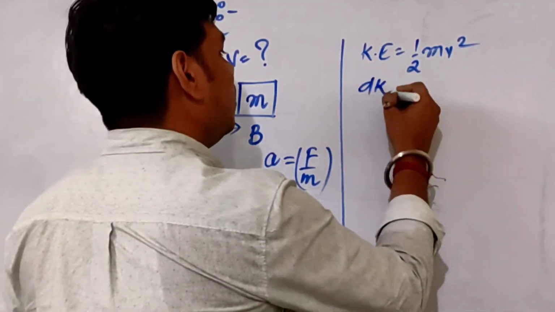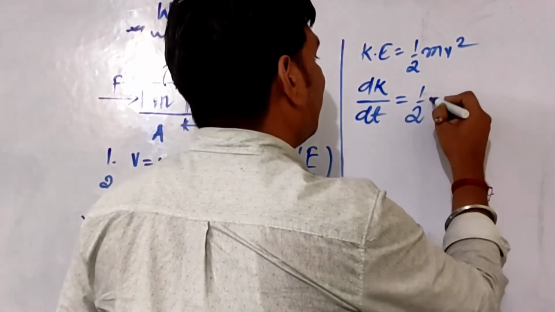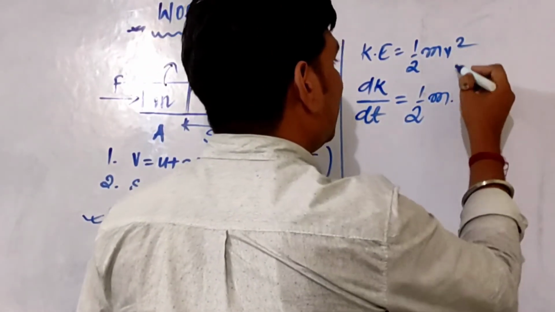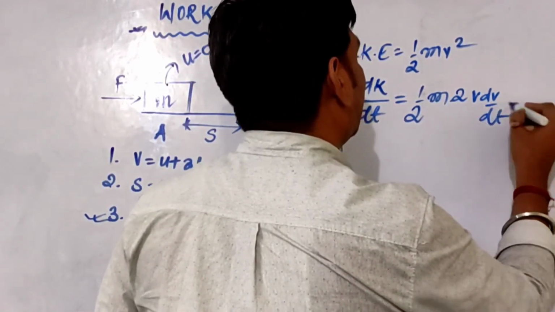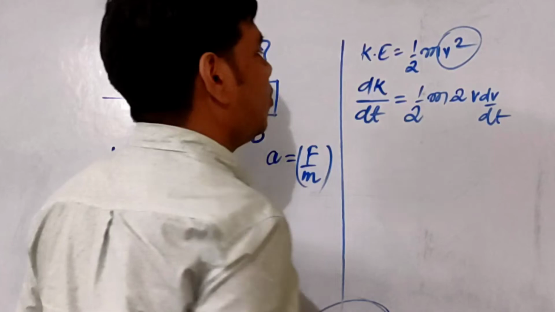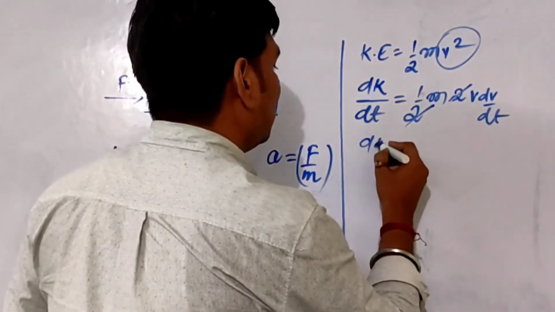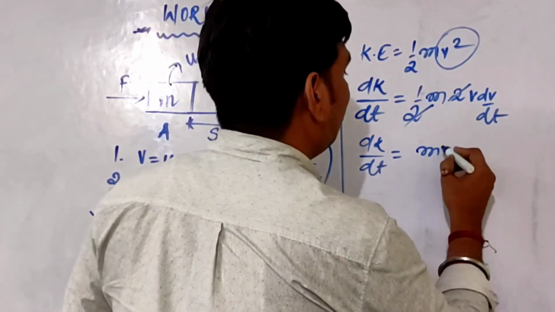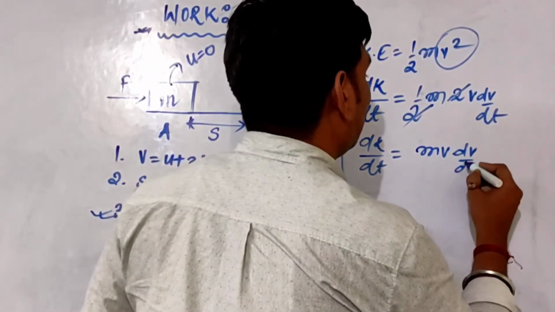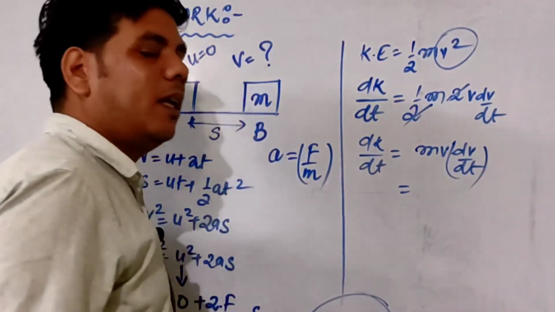So how will it be further? 1 by 2 mv square, instead of v square we write 2v dv upon dt. I am differentiating this v square. So after differentiation, dK upon dt is equal to mv dv upon dt, and dv upon dt means acceleration.